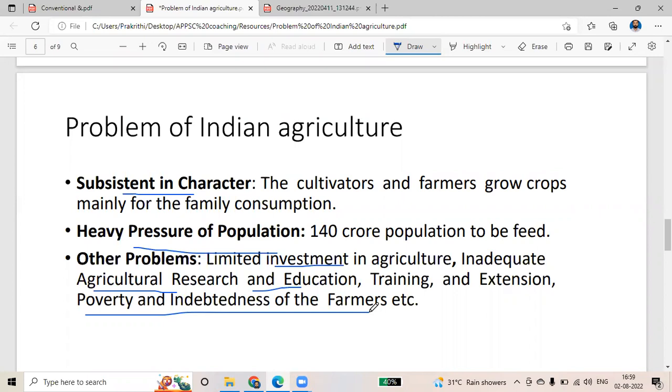Monsoon failure है, तो crop failure है, तो profit नहीं मिलेगा. Farmers have no money to give to money lenders. So loss में हो गया, failure. So these are some of the problems that are being faced in Indian agriculture.